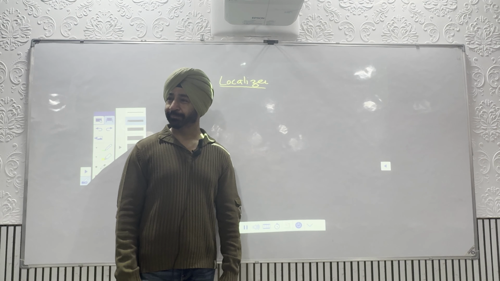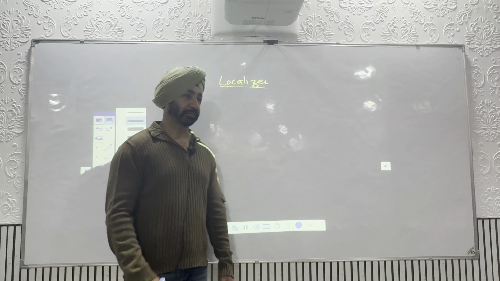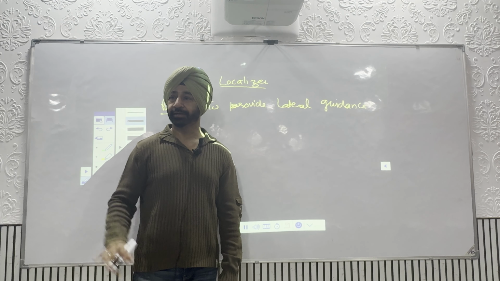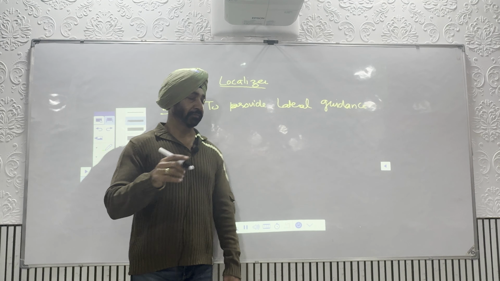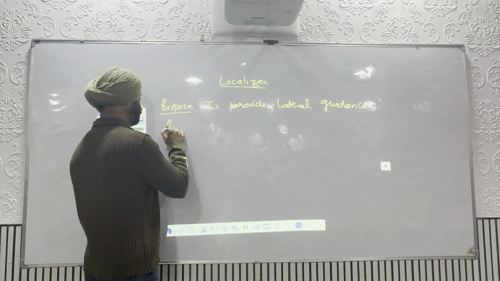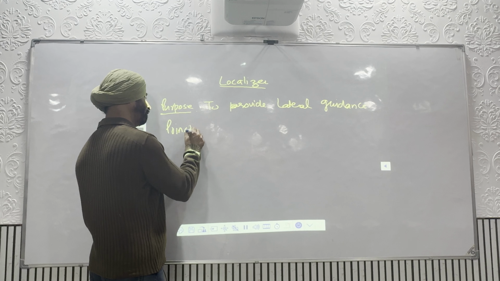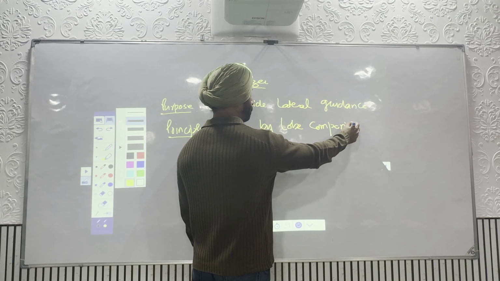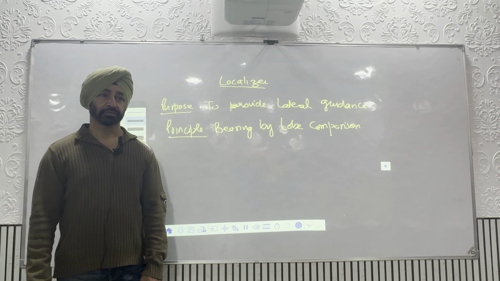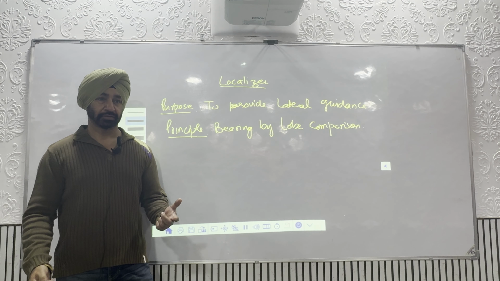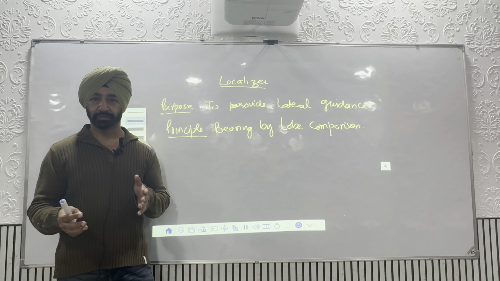localizer. So the localizer's purpose is to provide lateral guidance, whether you are left or right, that's the main aim. It works on the principle of bearing by lobe comparison. Bearing is direction, lobe, yesterday we saw, is a beam.